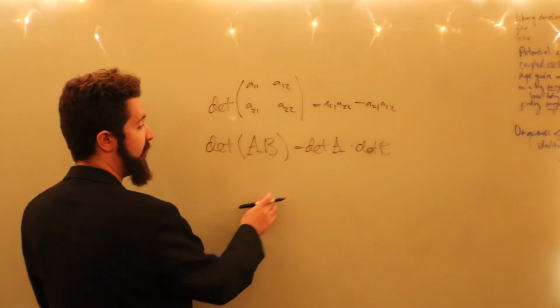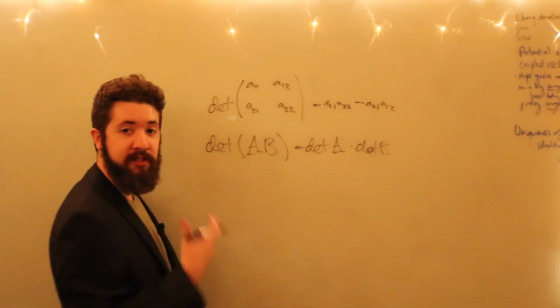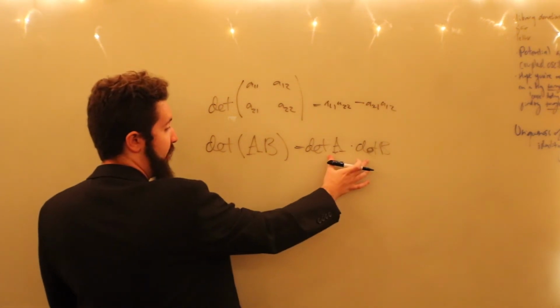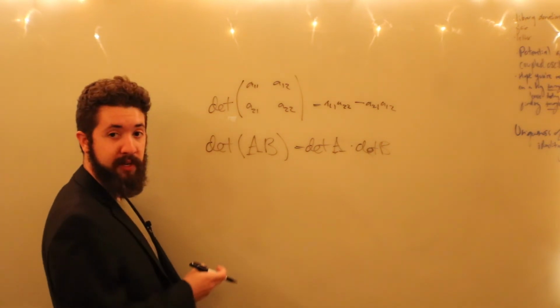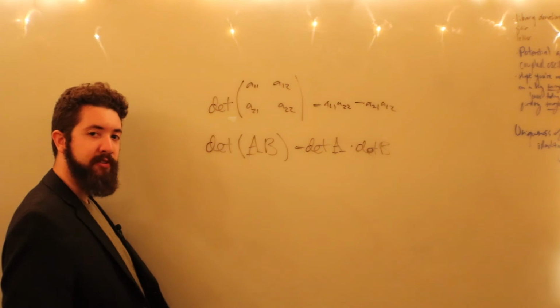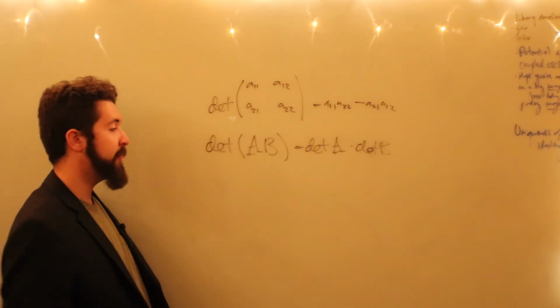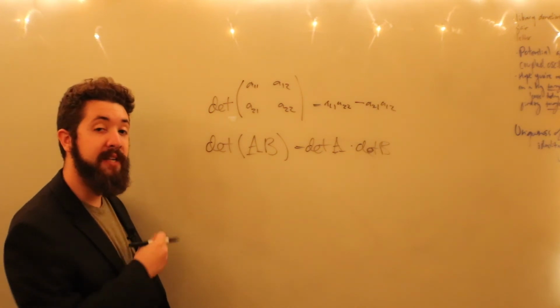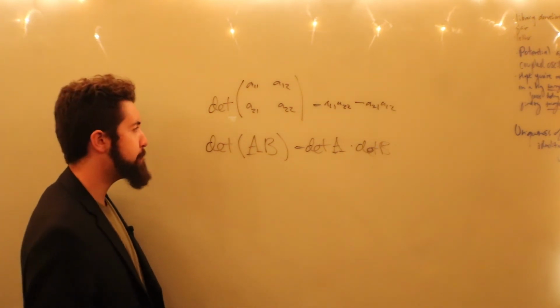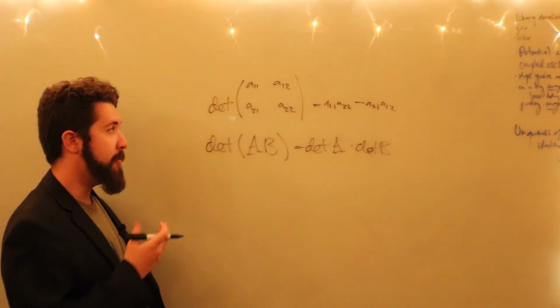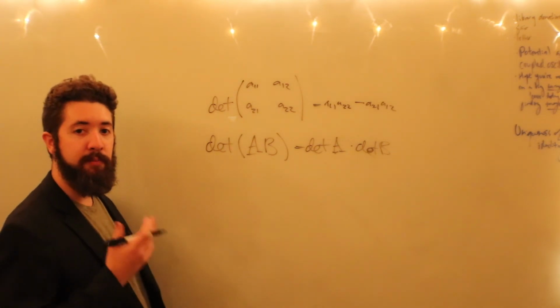That means if A has non-zero determinant and B has non-zero determinant, then their product is non-zero, so the determinant of the product matrix is also non-zero. And thus the product matrix, A times B, also has an inverse matrix, right? So this is exactly what we need for our set of matrices here to be a group.